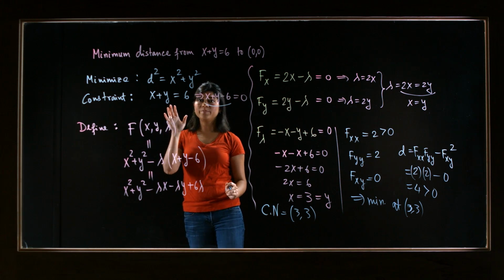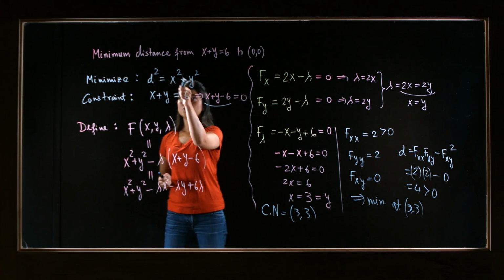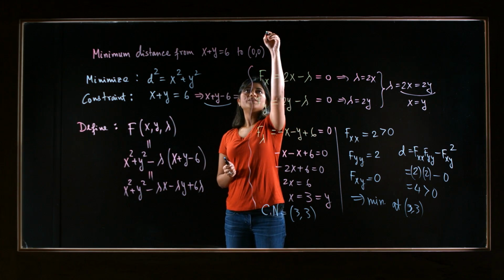And now we have to find the minimum distance, remember? Keep in mind it's not this function, it's the square root of this function. So what is our minimum distance?